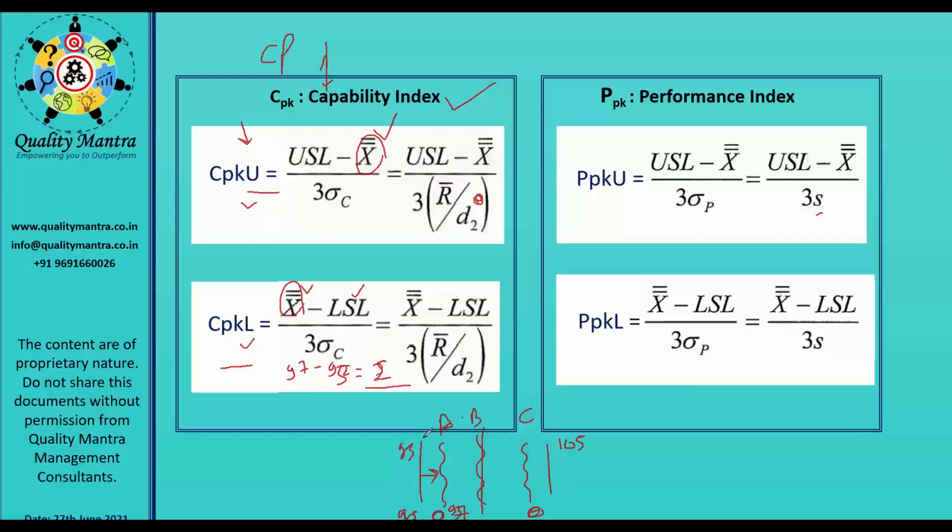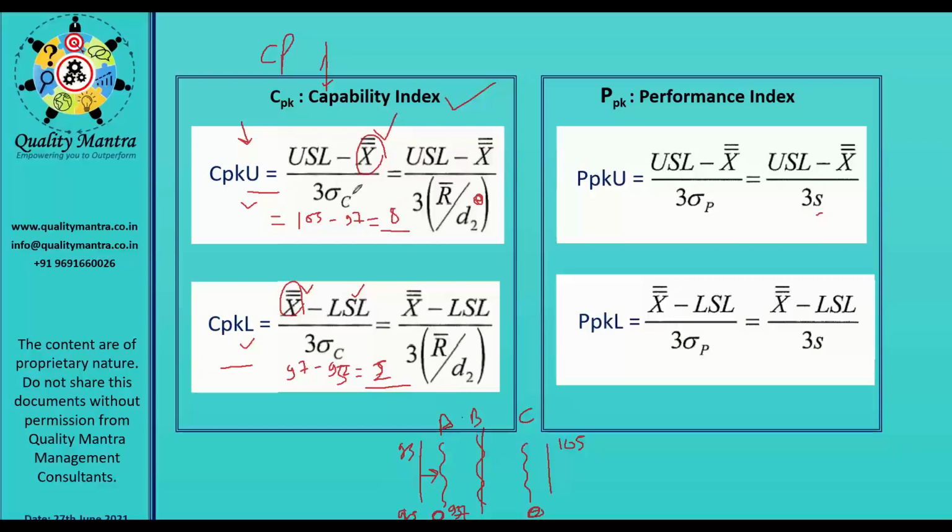And for the same condition A, what will be this one? What is your upper specification? 105. 105 minus 97. Average 97. So how much do you have now here in the numerator? 8.